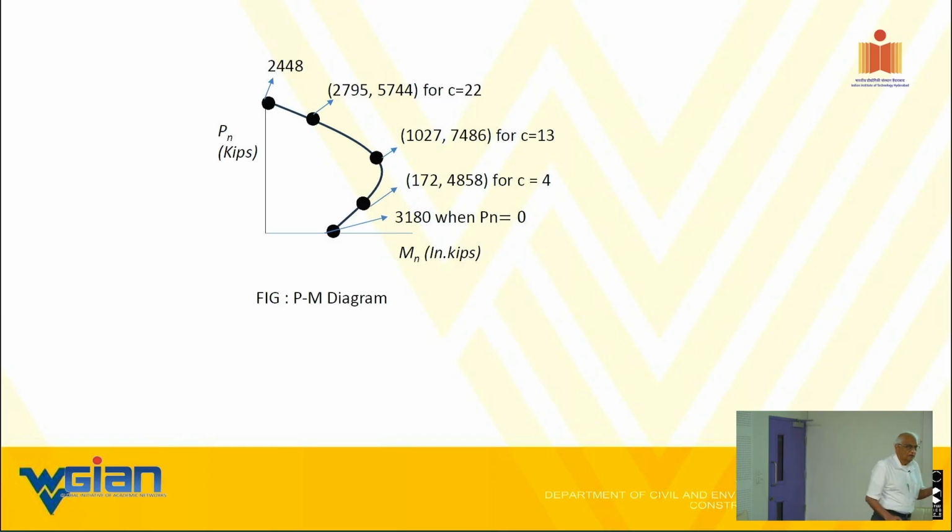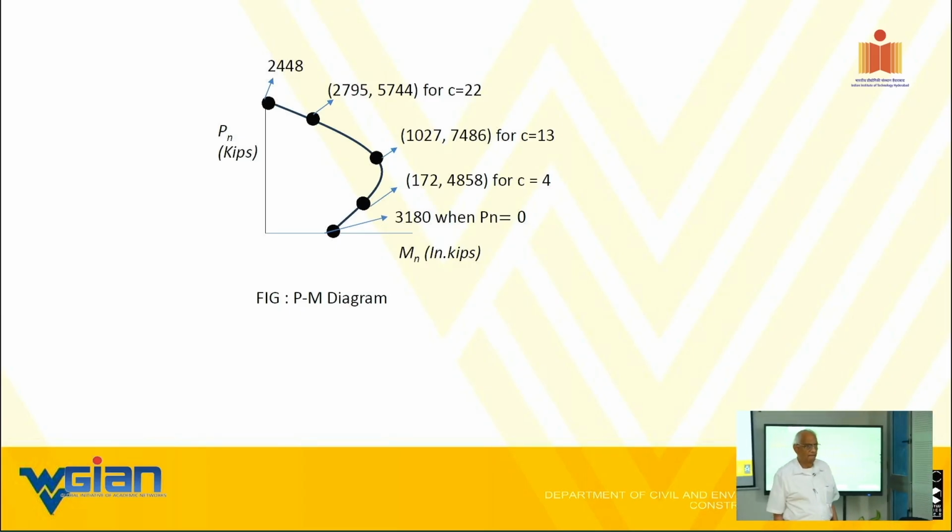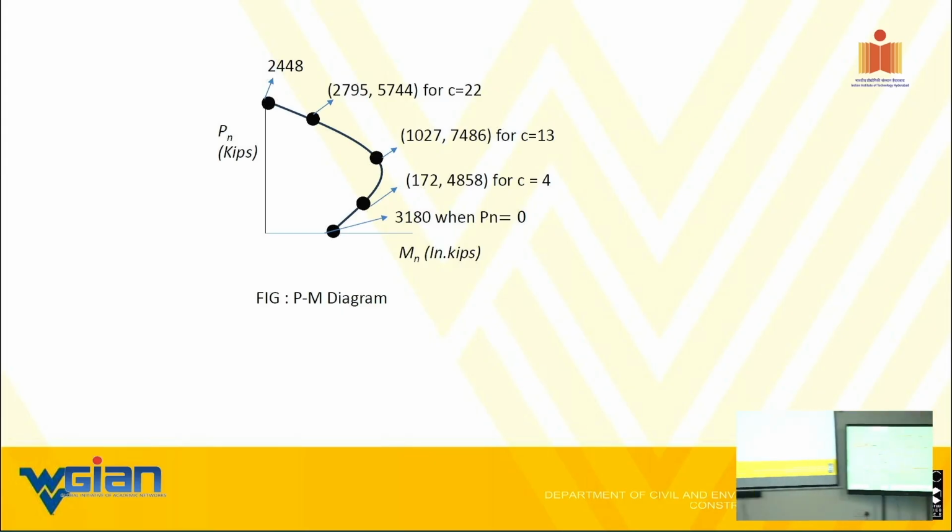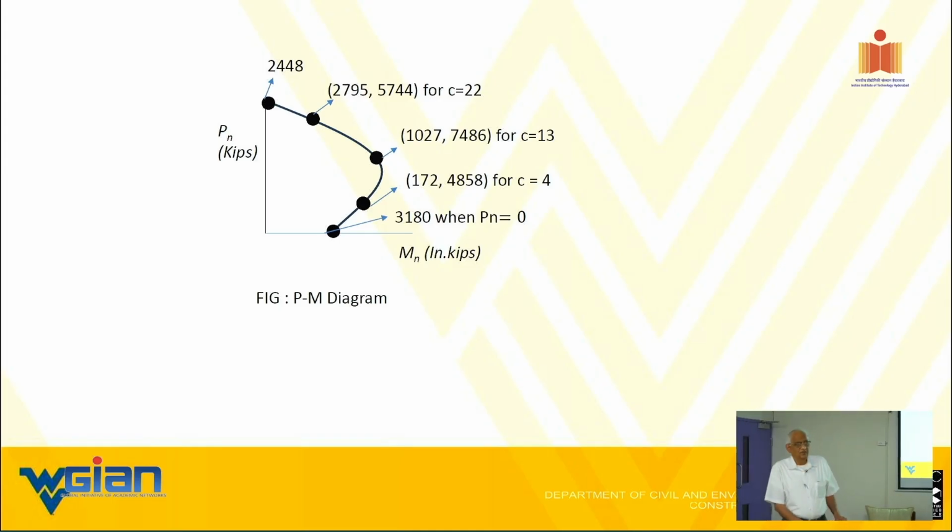Is there any relationship between this PM diagram and the strength of concrete and strength of steel? Of course. Certainly, the Pn values or Mn values are dependent upon concrete strength. As the concrete strength increases, both will go up. That's number one.